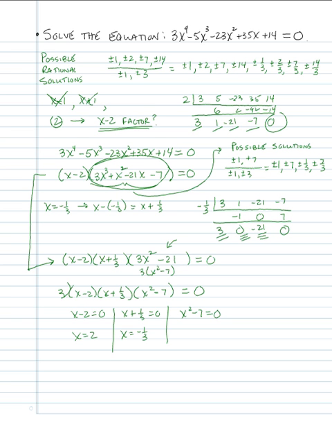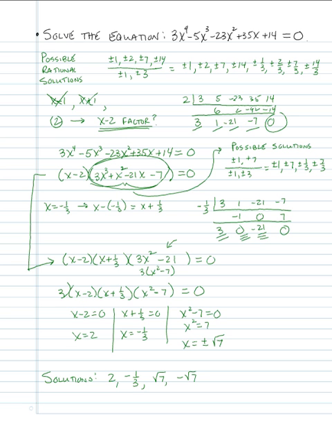And here to solve this, I would add 7 to both sides, and then I'd know x has to be plus or minus the square root of 7. So the solutions, not in any particular order, are 2, negative 1/3, the square root of 7, and negative square root of 7.